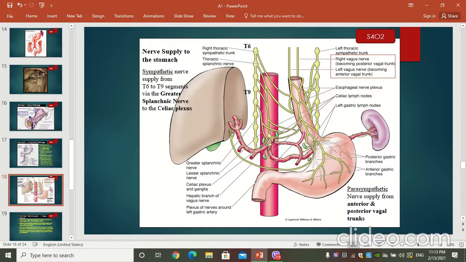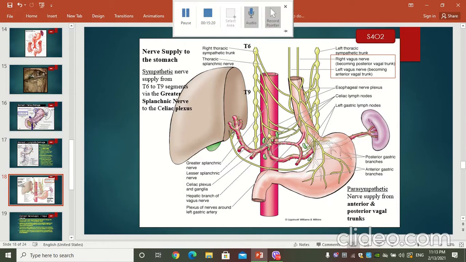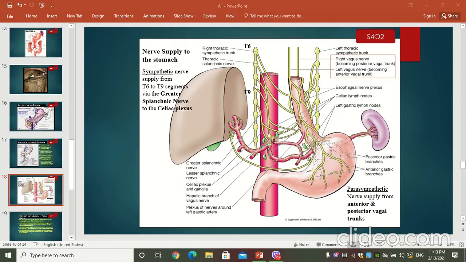Nerve supply of the stomach: autonomic nerve supply consists of sympathetic and parasympathetic. The sympathetic nerve supply is from the sympathetic plexus on either side, the right and left sympathetic plexus.